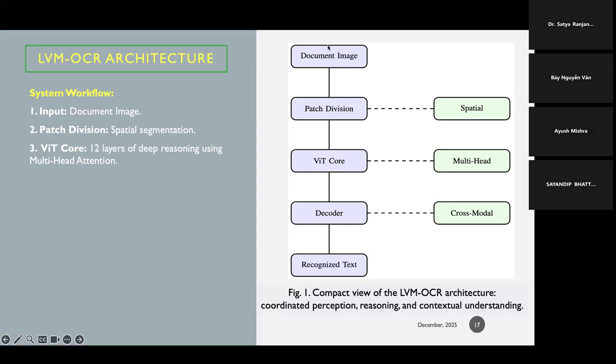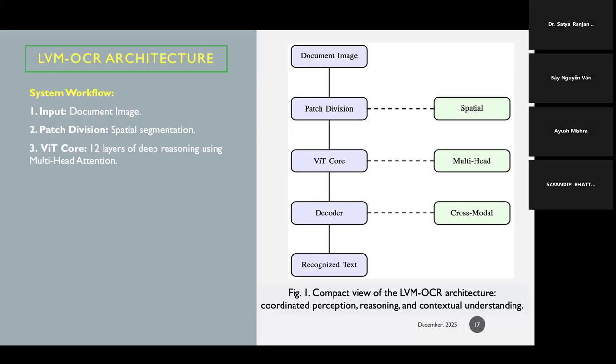But here is the difference. Instead of scanning pixel by pixel like a photocopier, the model uses patch division. Imagine taking a pair of scissors and cutting the image into small, meaningful squares, or patches. This allows the computer to process the whole paper as one, rather than getting stuck on a single line.